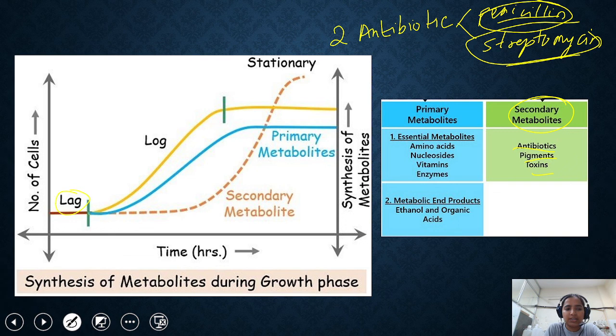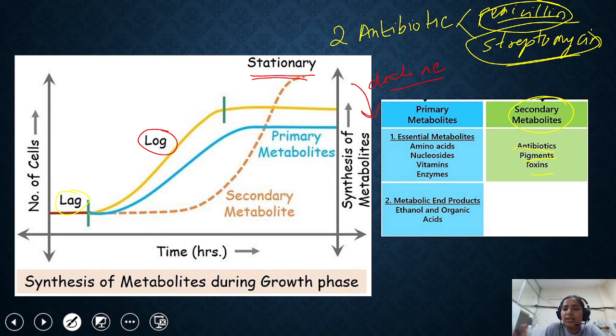First is the lag phase, second is the log phase, third is the stationary phase, and the fourth is the decline phase or death phase. This is usually the life cycle of any microorganism. The time period of the different phases will vary from microorganism to microorganism, but these 4 stages will remain for every microorganism.